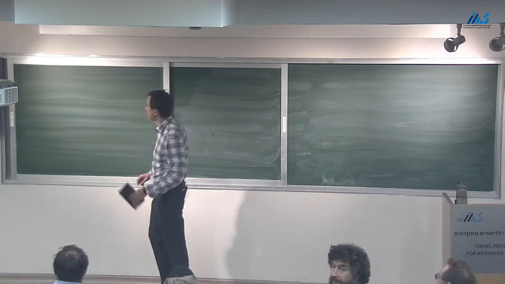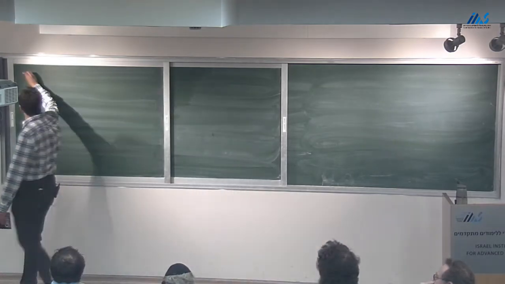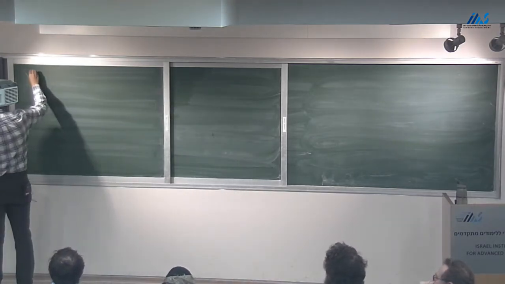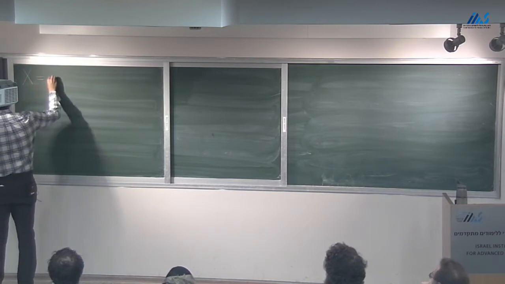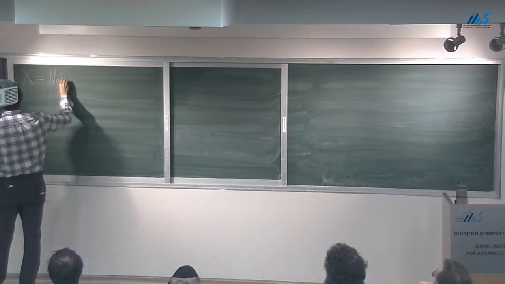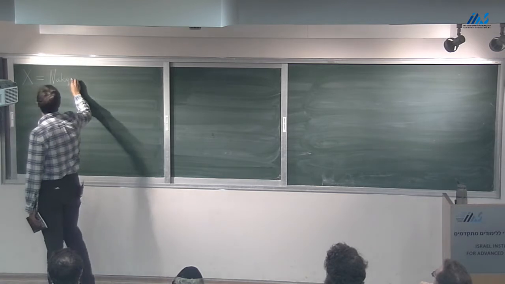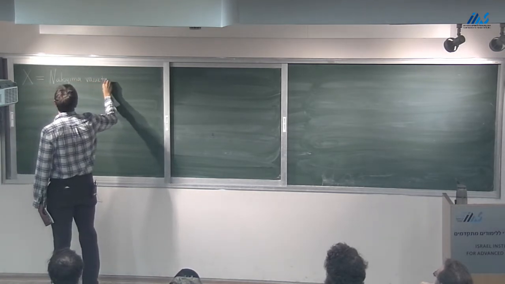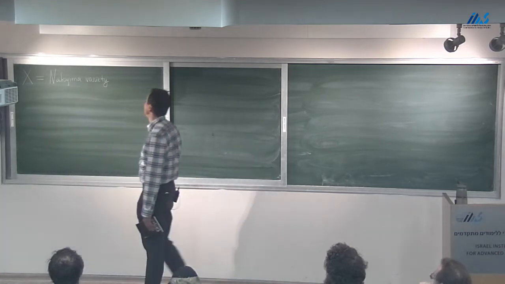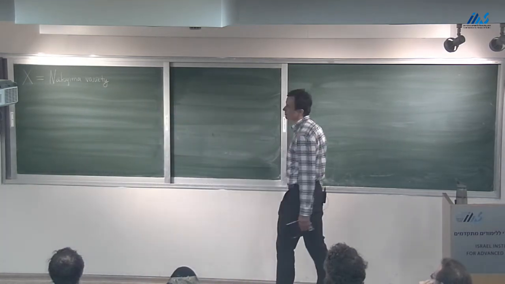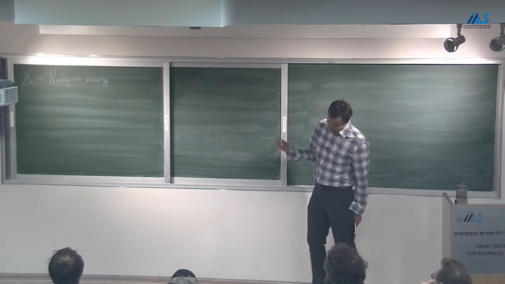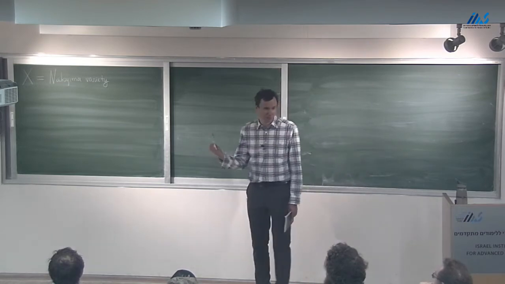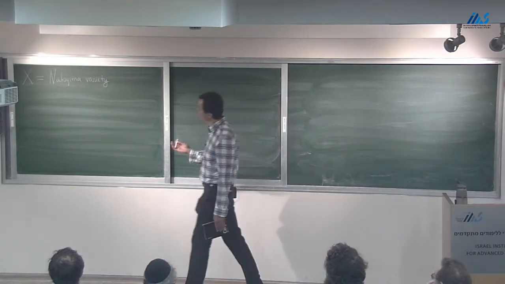Okay, so maybe I'll start. Now X will be an Okounkov variety, which has been very much a presence at this conference. This is a symplectic resolution, but what will be important is not that it is a symplectic resolution.